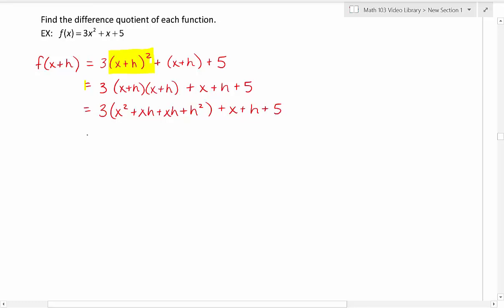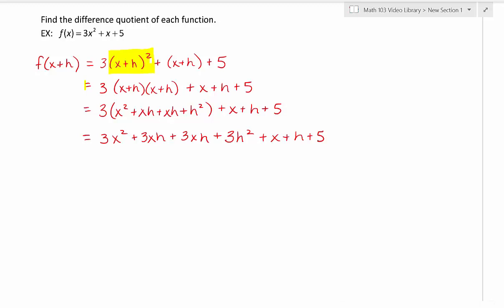We'll distribute the 3. You could combine the like terms inside the parentheses first and then distribute the 3. I'm just choosing to distribute the 3 first, and then we'll combine like terms after that. This gives us 3x squared plus 3xh plus 3xh plus 3h squared plus x plus h plus 5.